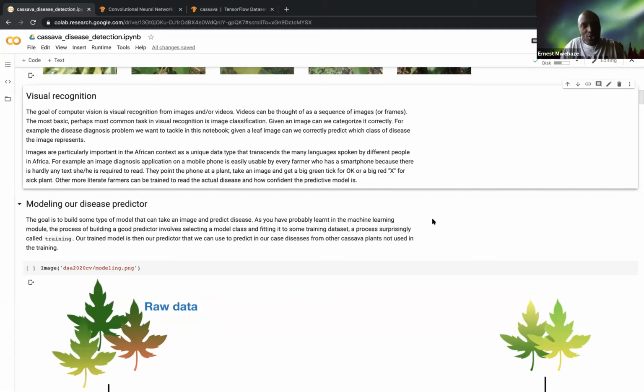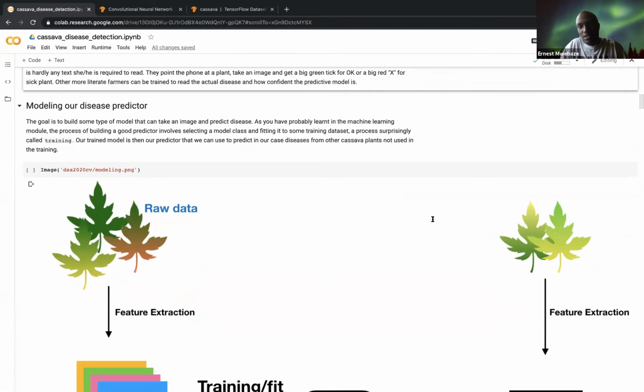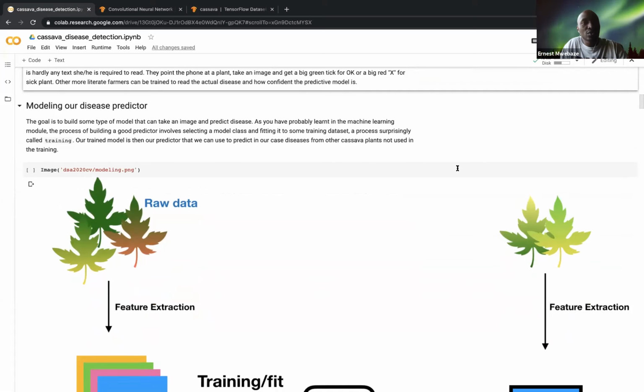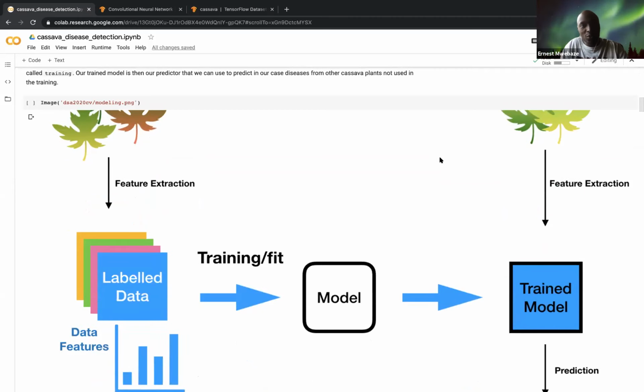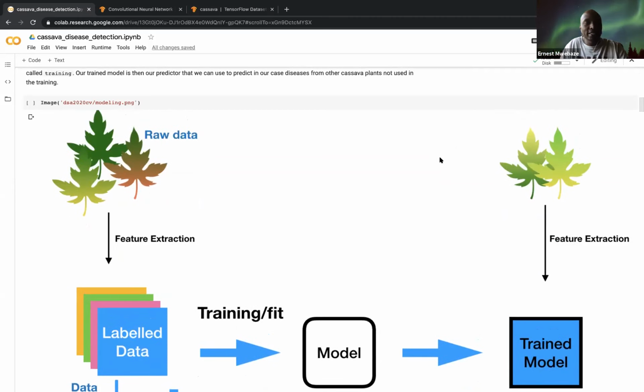All right, so one idea is to think about how we model this disease predictor that we want to build. I made this schematic here, which is an idea of how we can think about the problem.